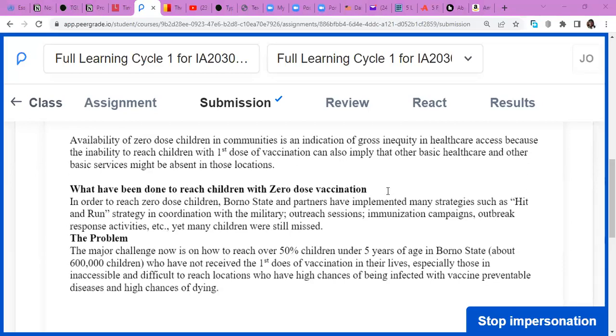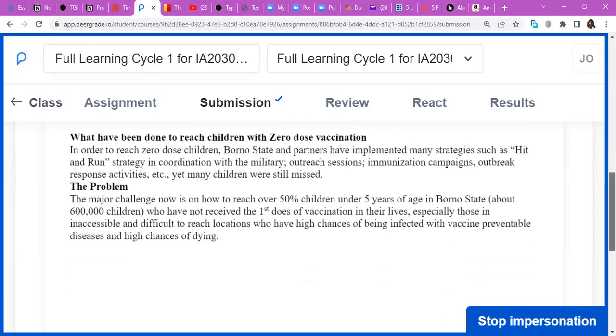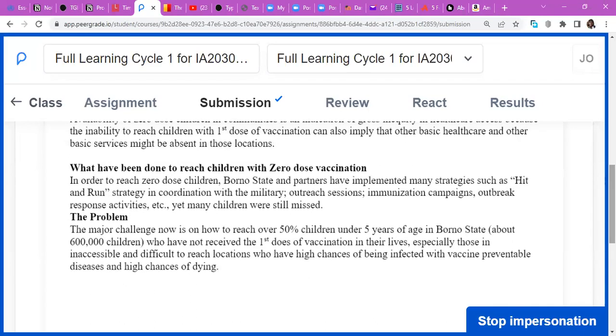And some other things, we have conducted outreach sessions. We have done integrated outreach sessions and so many other things. And even after all these interventions, we're still missing out a lot of children.